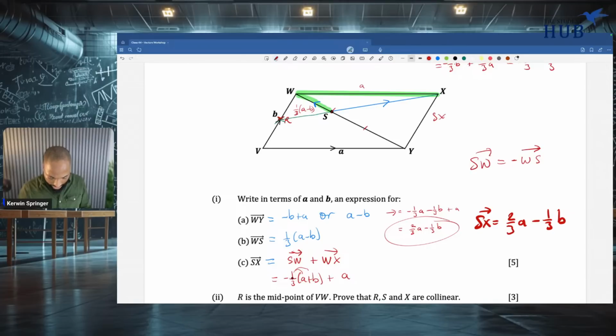So we get negative 1/3 A minus 1/3 B plus A. So negative 1/3 minus 1/3 is negative 2/3 A minus 1/3 B. Actually, positive minus. So let me just make sure everything is looking right here.